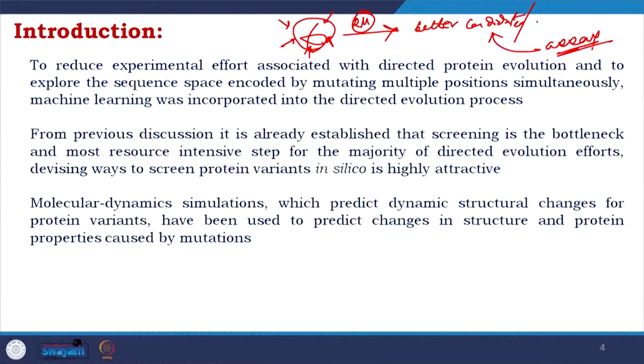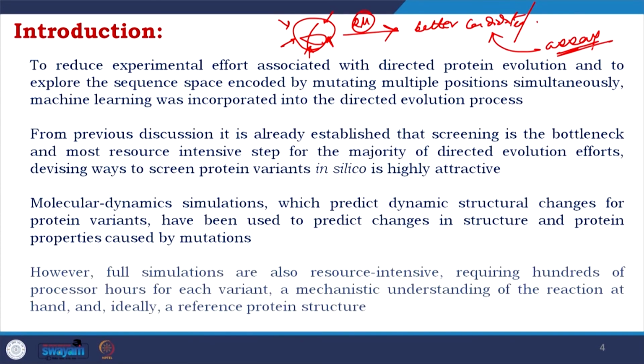which is enabled by the process of molecular dynamic simulation. But if you want to perform a full simulation of a protein, that is also computer intensive, and you already know the huge number we have to target. So, that is definitely computer intensive.